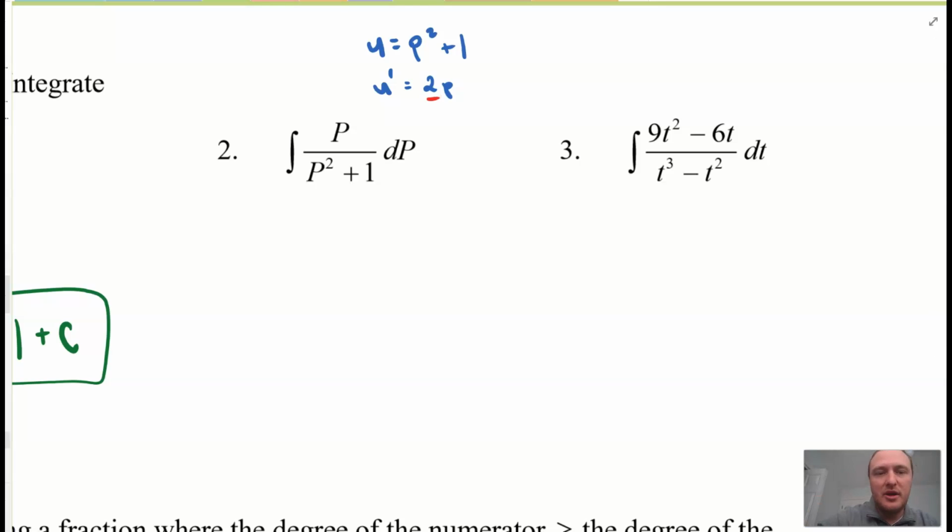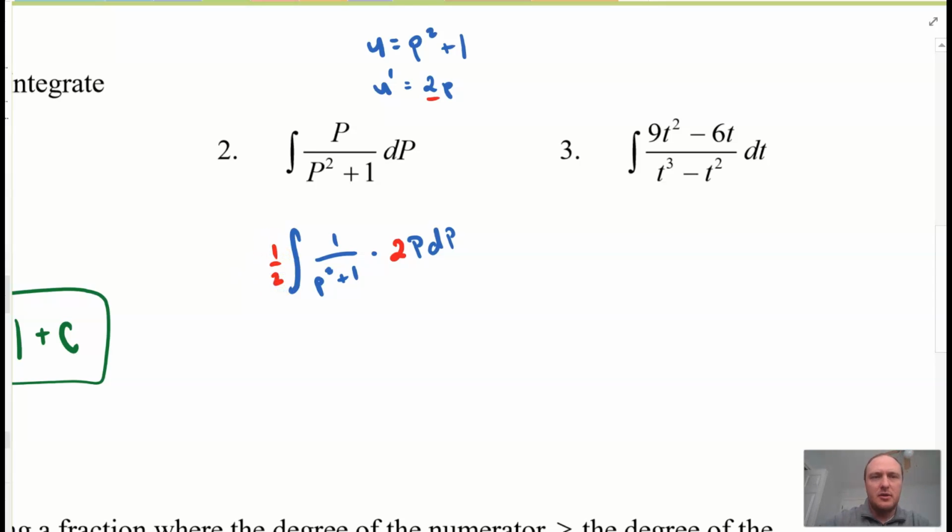So I'm going to rewrite this as 1 over p squared plus 1 times, and I'll put the p over here. I'm missing the 2, so I have to incorporate a 2, and when I add something, I have to balance it, 1/2.